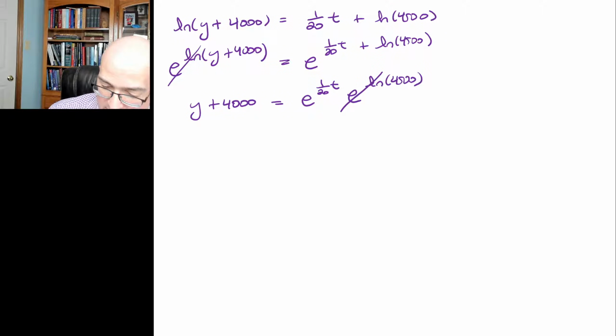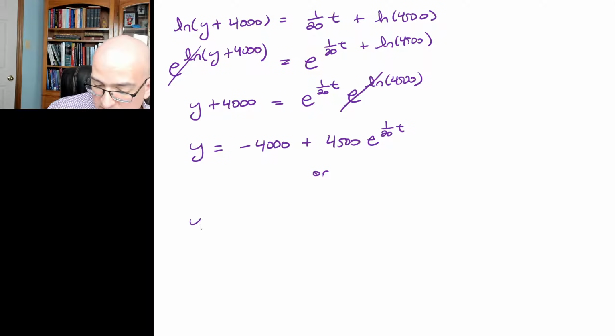We can cancel that one. So y is equal to negative 4,000 plus 4,500 times e to the 1 over 20 times t, or if you like decimals better, negative 4,000 plus 4,500 e to the 0.05 t.